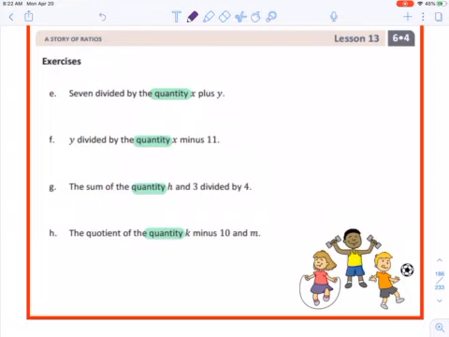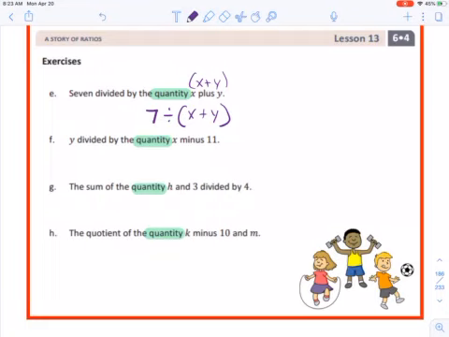We're going to put x plus y in parentheses, because we want to do that first. So we have 7 divided by the quantity x plus y. That is the answer to letter E.